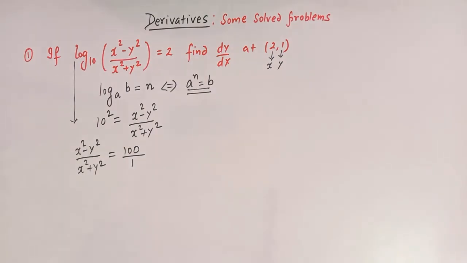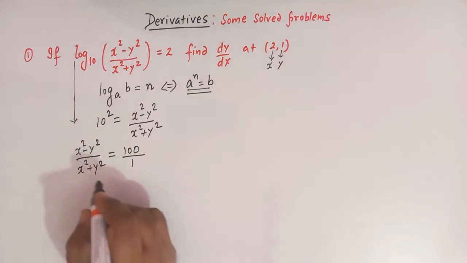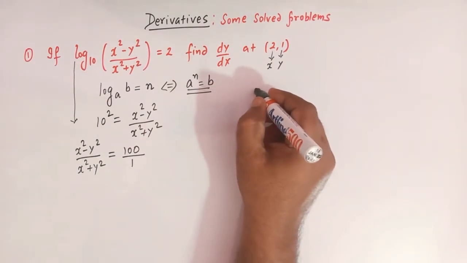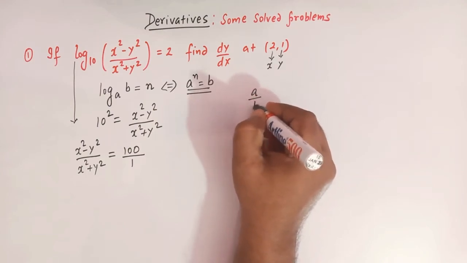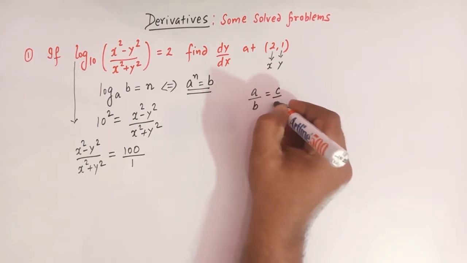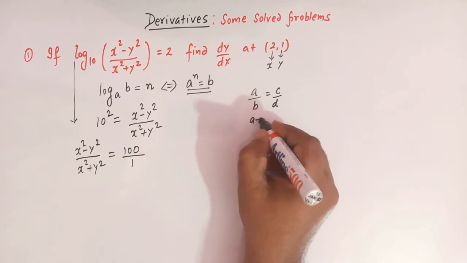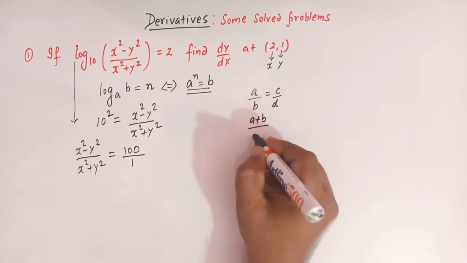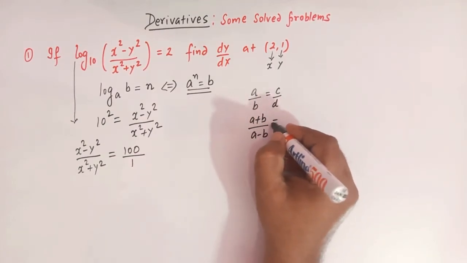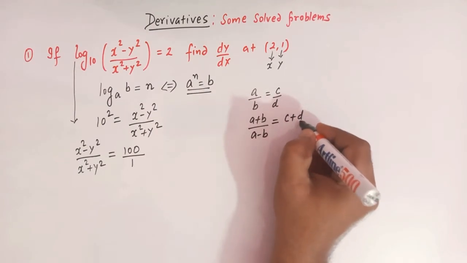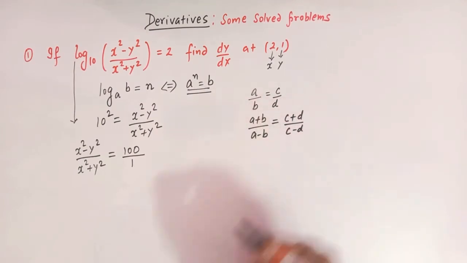So what we will do here is apply the concept of componendo and dividendo. Componendo and dividendo says that if we have a over b is equal to c over d, then (a plus b) divided by (a minus b) is equal to (c plus d) divided by (c minus d).